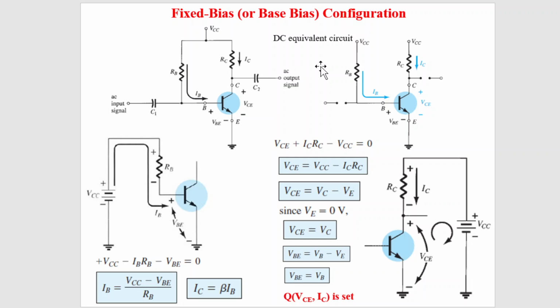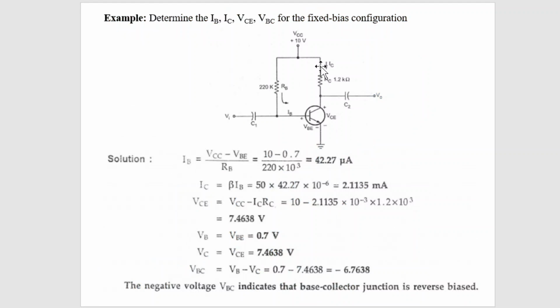So let us try to solve one numerical problem based on the fixed bias configuration. Example: determine the base current IB, the collector current IC, VCE and VBC for the fixed bias configuration for the given circuit diagram.